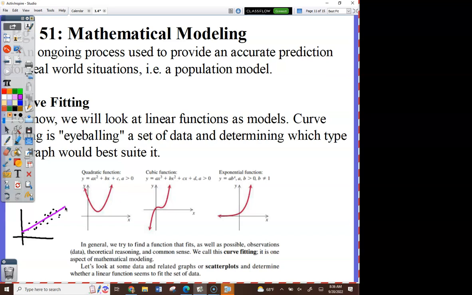And then you use the line of best fit as a predictor for future values. Since it has a trend, you can say, oh, well, what about this value out here? Well, according to my line of best fit, it's going to land somewhere around there, give or take. So that's the whole concept behind line of best fit. Curve fitting is the same concept. You have data and you're trying to decide, first of all, what type of graph would fit the data, and then find the graph.